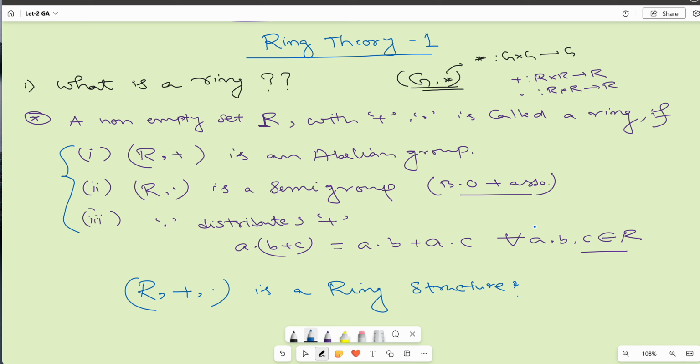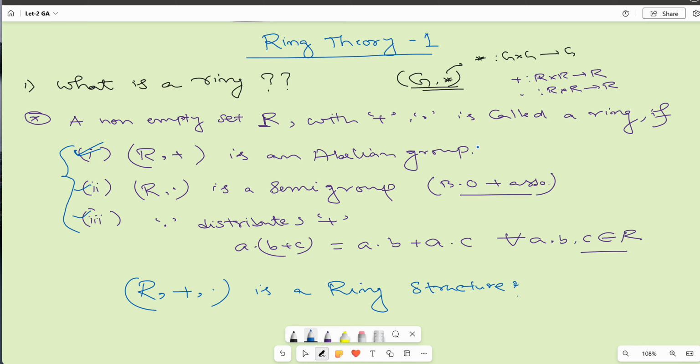So a dot (b plus c) is a dot b plus a dot c for every a, b, c in R. Actually there are several properties here: binary operation, closure, associativity, identity, inverse, as well as commutativity. But simply it is these properties. If they are satisfied, then we say (R, plus, dot) is a ring.